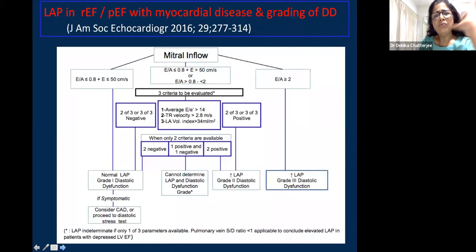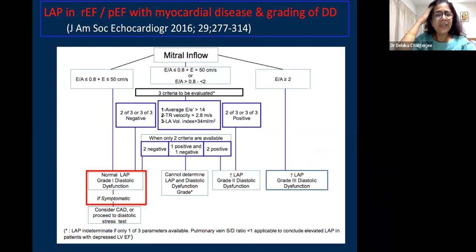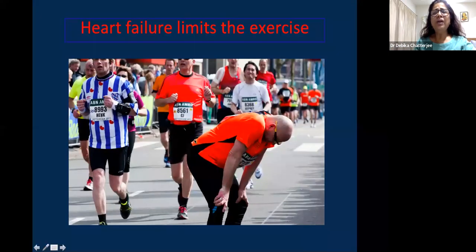Now, till now, we were discussing about the diastolic function at rest. Patient was lying on the bed and we were trying to assess the diastolic function. Now, look at this group. I said it's grade 1 diastolic dysfunction, having normal left atrial pressure, normal LV filling pressure, but still they become symptomatic when they do the exercise, say walking.